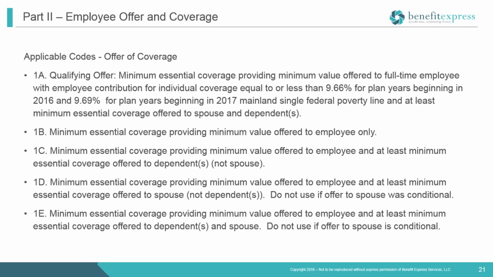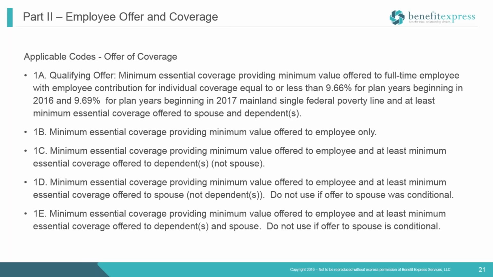Remember that. 1C, and again, this is an offer of coverage, not what they actually took. 1C, minimum essential coverage providing minimum value offered to the employee, and at least minimum essential coverage offered to dependents, not the spouse. 1D, minimum essential coverage providing minimum value offered to the employee, and at least minimum essential coverage offered to the spouse, but not the kids. Again, if you put 1D in there, you're going to be penalized.